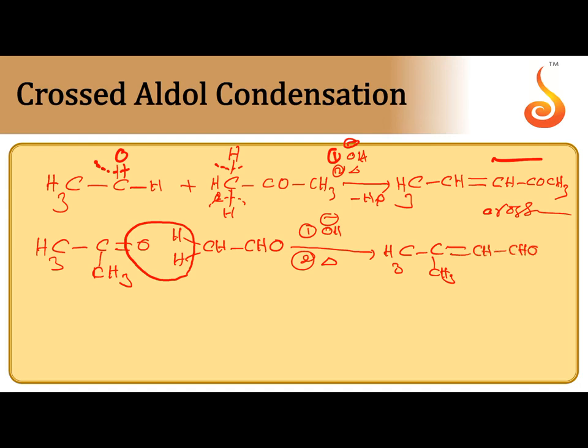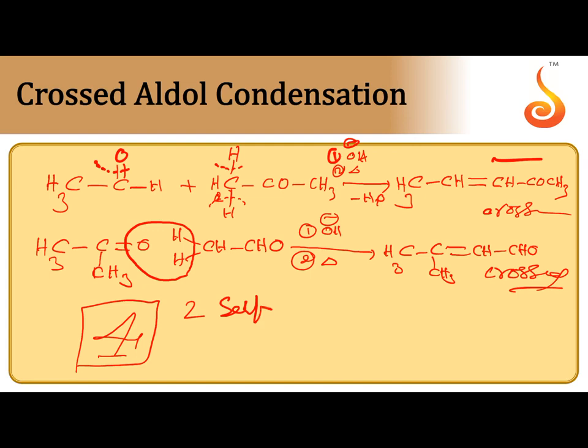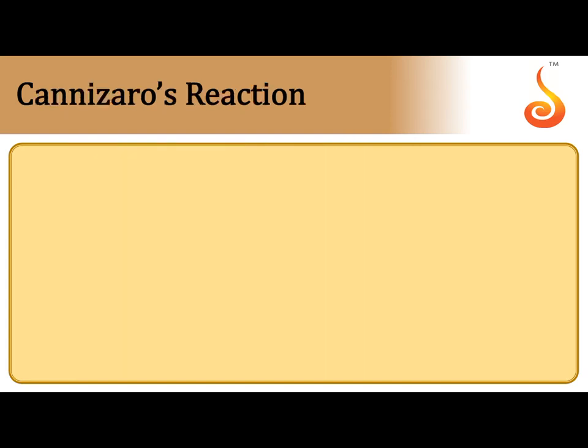Again an alpha beta unsaturated aldehyde. This is also a crossed product. Sometimes aldehyde plus aldehyde is the self condensed product, and acetone plus acetone is also self. So the total number of condensed products is 4: 2 are self condensed products, 2 are cross condensed products.